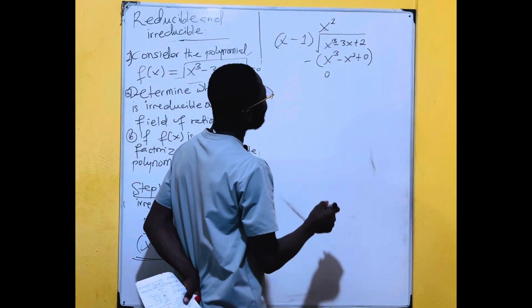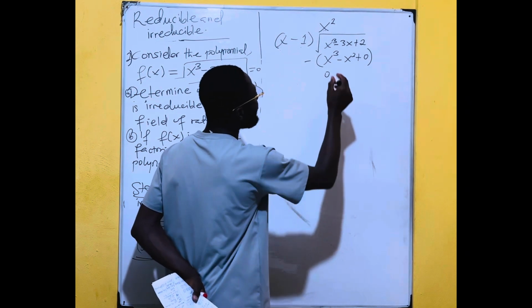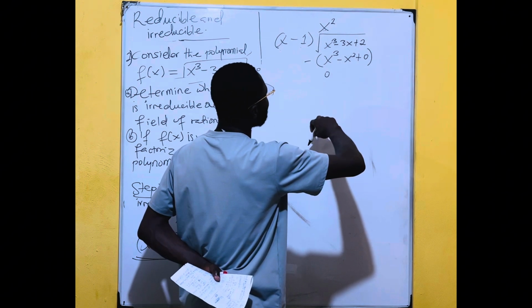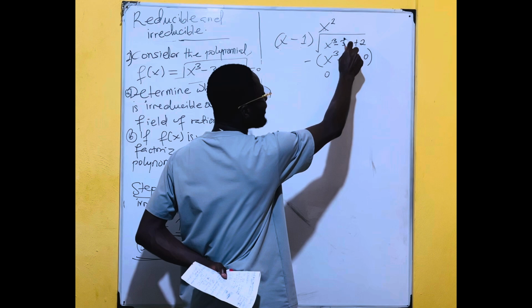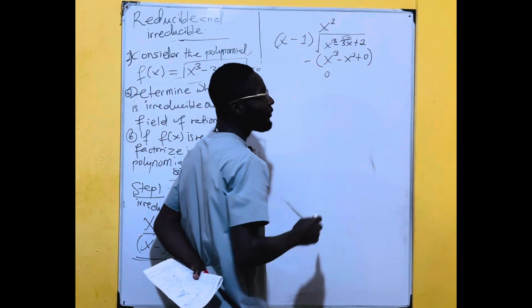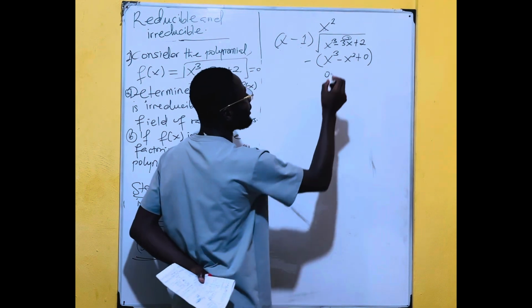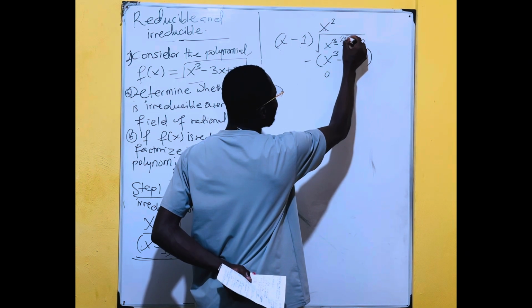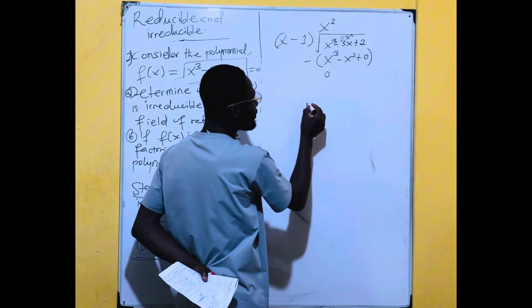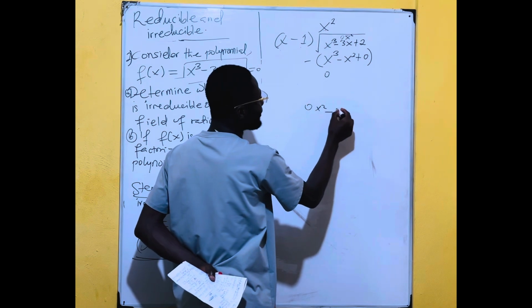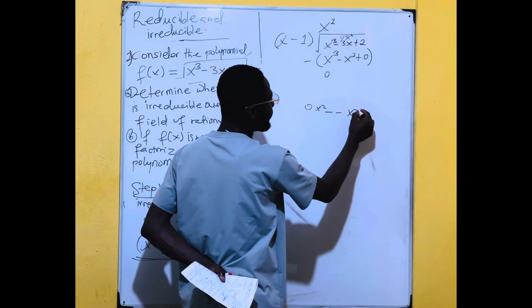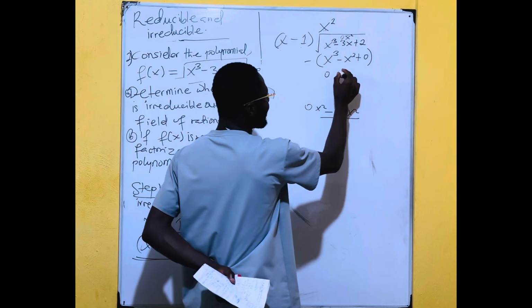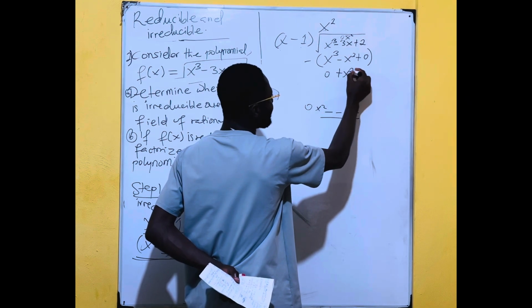Can you see something? We don't have any term for x squared here. So it means that x squared here is 0x squared. So 0x squared minus x squared becomes plus x squared.